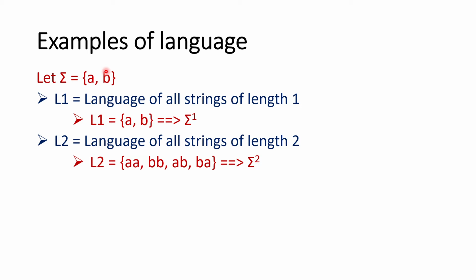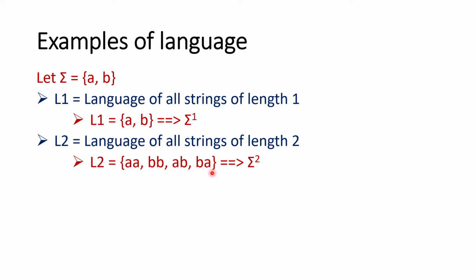It can be any sequence, just like I told you that all A's or all B's or all C's can be a string also. That is why if we consider this language L2, which is strings of length 2, here I can say that AA, AB is possible. Similarly, BA and BB are possible.